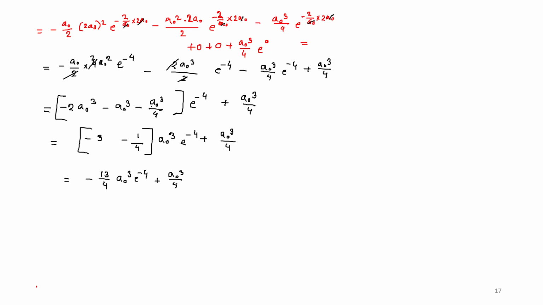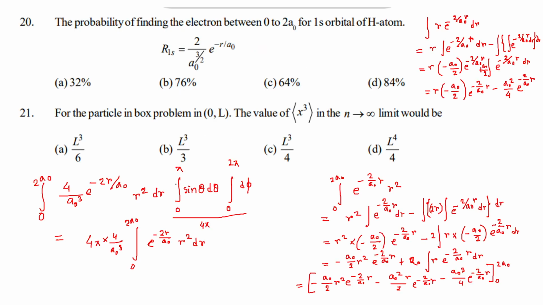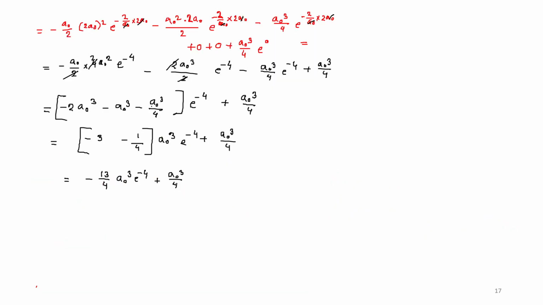So, oh my God, we have done so many things, and now I'm coming to that if we have to go from 0 to 2 a naught, then a naught will be a constant. So we don't know the value of that.